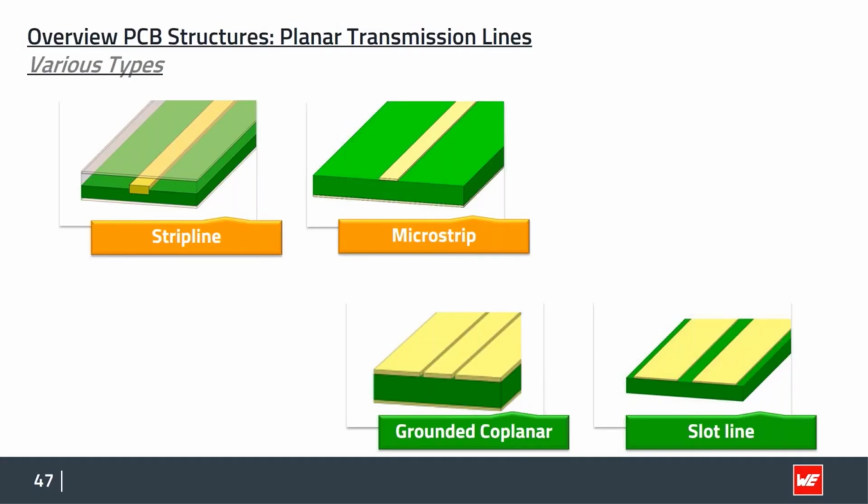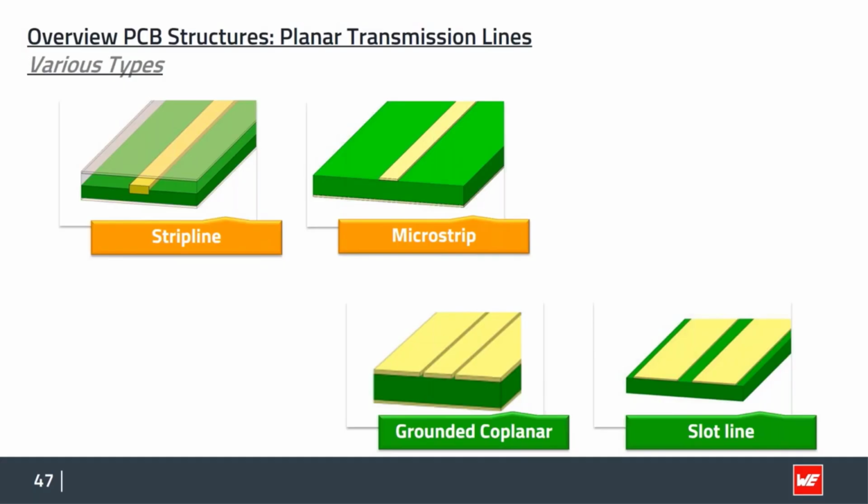But it's a little bit complicated if you want to add additional components like capacitors on your PCB track, because for each component you have to make a wire to go to one of the top layers or bottom layers, implement your part, go back with a via to the transmission line, and each of the vias, of course, will cause some impact, some reflection and some mismatch. So you want to avoid that, of course.